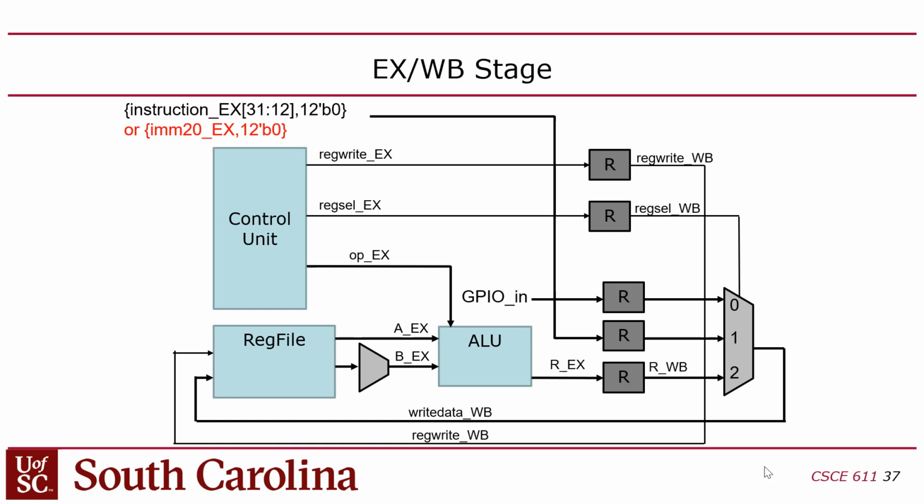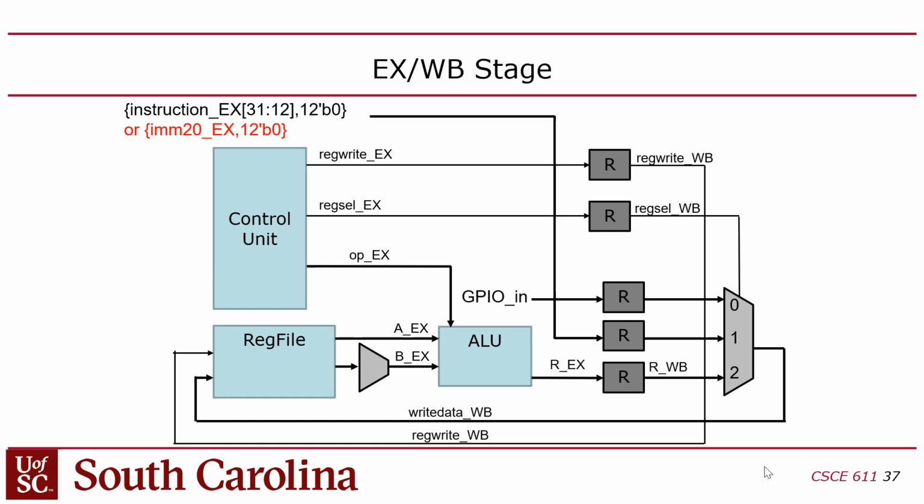This mux is controlling what value I'm writing to the register file. And in this lab, there's 3 options for that. There's the GPIO in, which would be when I do a CSRRW with F00, I want to read the switches. In which case that reg select needs to be set to 0.